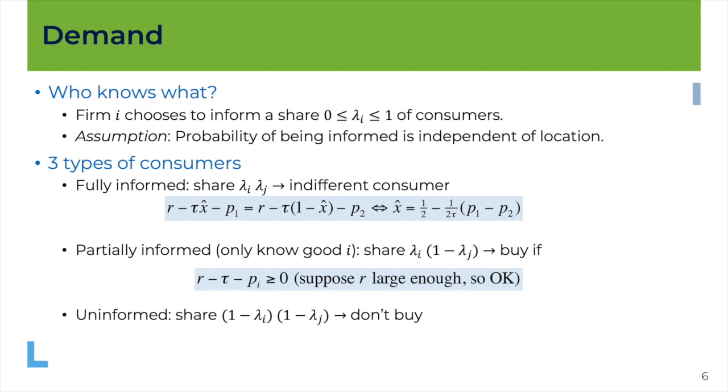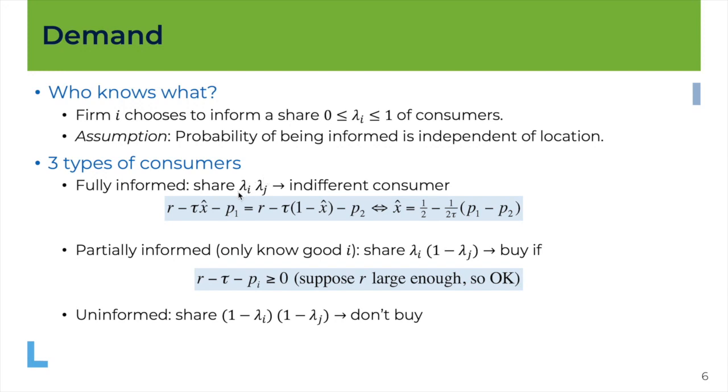So this is the idea behind these assumptions. Firm I will choose this proportion lambda I, and firm J this proportion lambda J. You can also see this as the chance for any consumer to receive an ad from firm I, and lambda J is the chance to receive an ad from firm J.